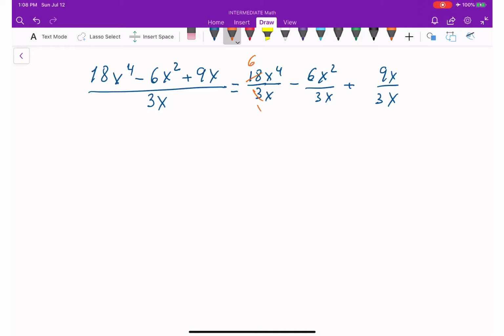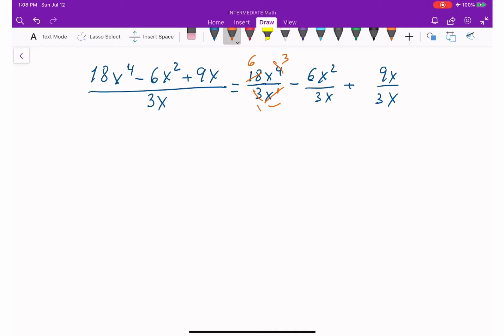And x to 4 divided by x to 1, when we divide, we subtract exponents, which means this one is gone, and this one will be 3. I don't scratch x because we still have x to power 3. But at the bottom, I scratched x because x to power 1 is gone.